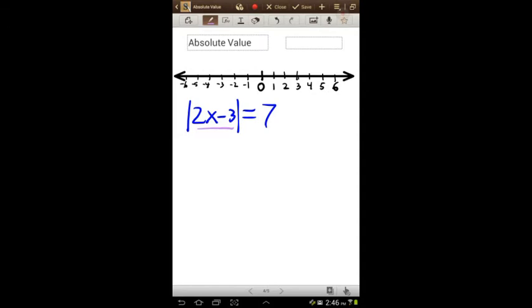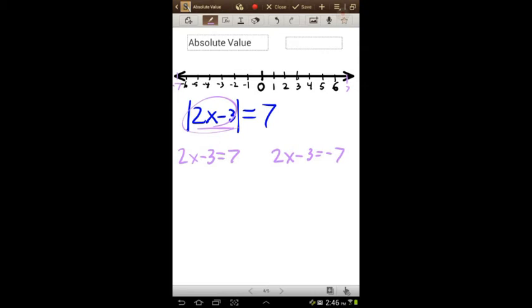So this stuff in here could be 7 or it could be -7. Either one would work. Doesn't matter whether you put the positive first or the negative first, as long as you have them both.